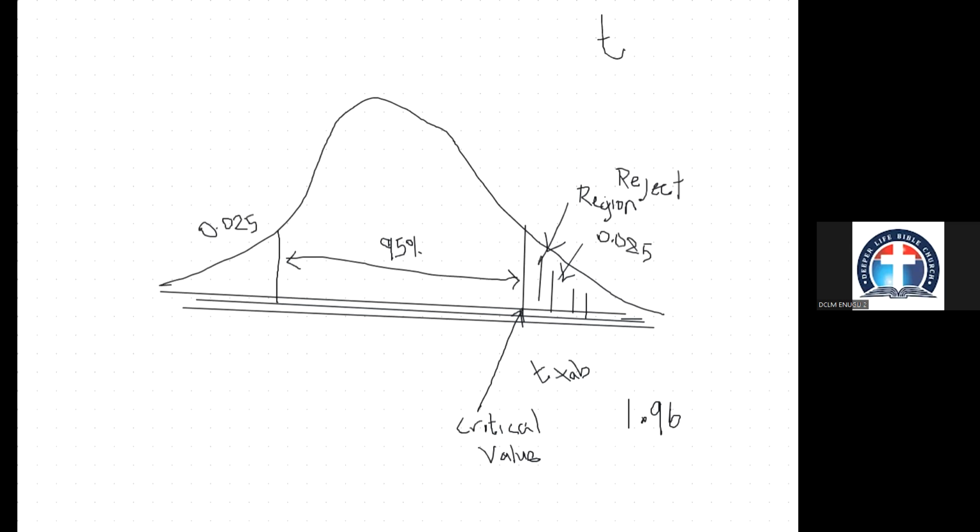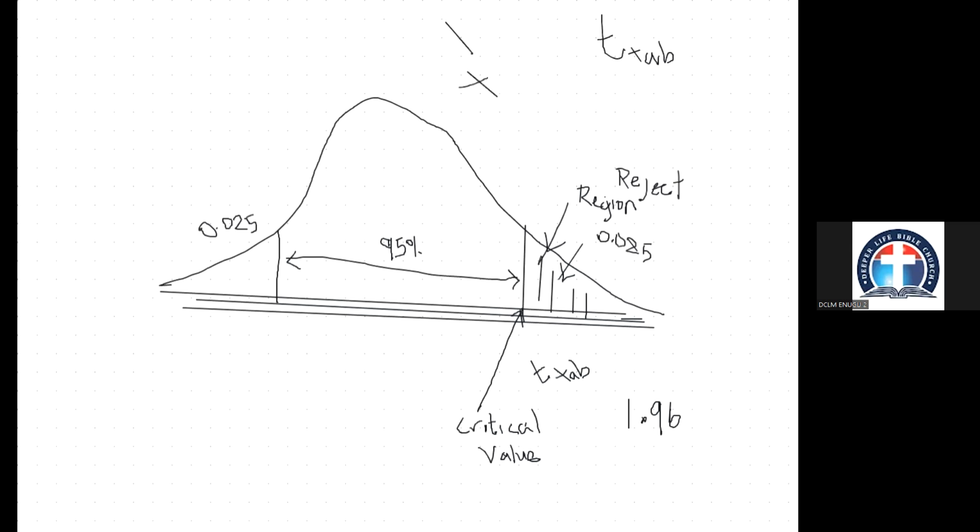Now, by the time we conduct our test statistic, we are going to get a value for our T. By the time we do all our computation and calculation, we are going to get a value for our T. That value of our T is referred to as the T statistic.